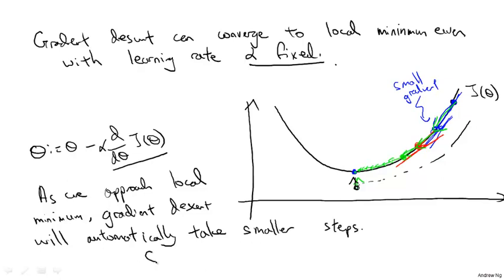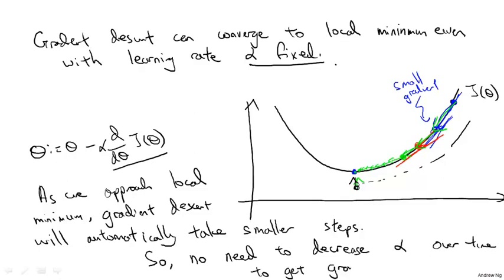So there's actually no need to decrease alpha, the learning rate, over time to get gradient descent to converge. Sorry about the bad handwriting.